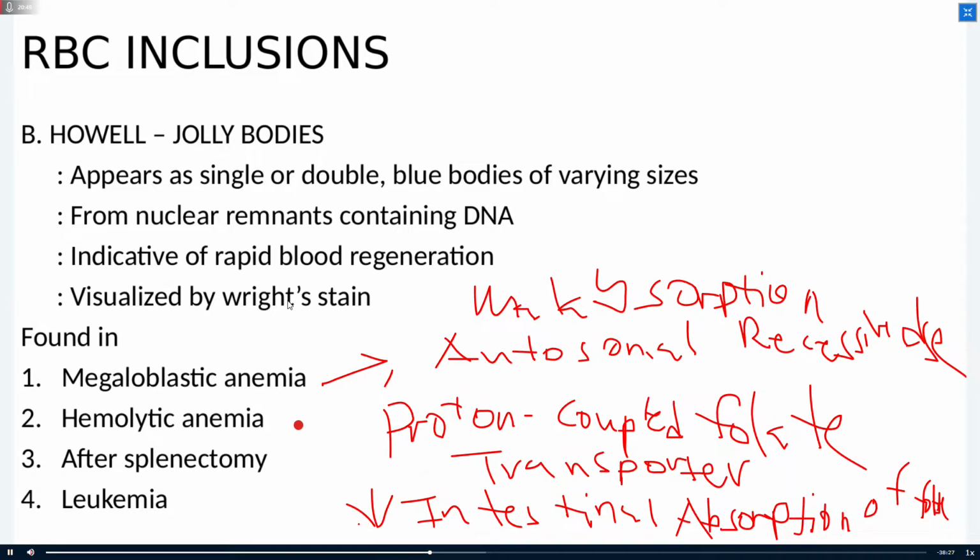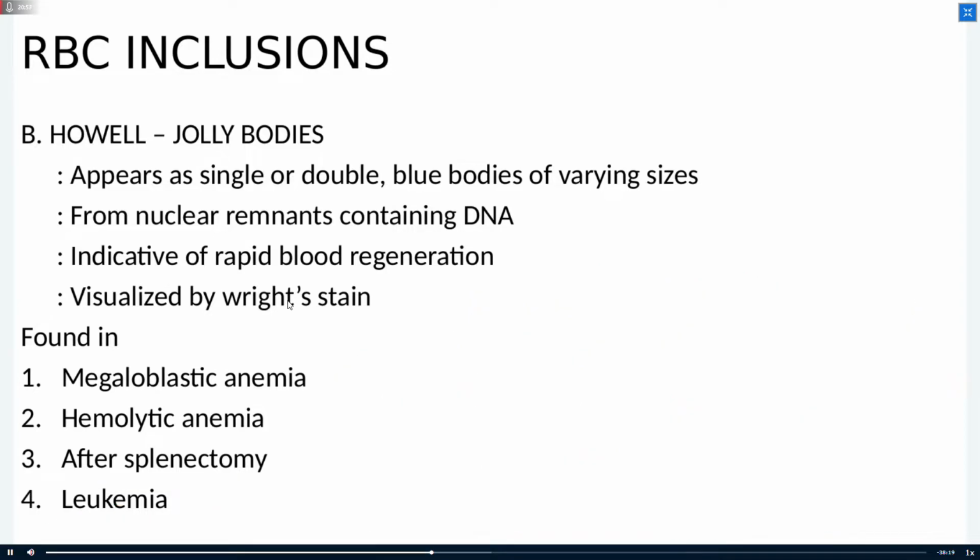Another one would be hemolytic anemia, then after splenectomy. Then there's also leukemia. When you hear the word splenectomy, what does it mean? Removal of the spleen. Okay.